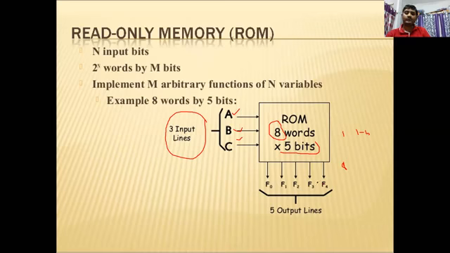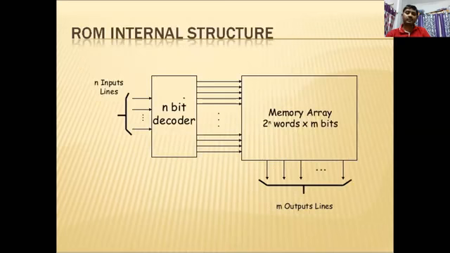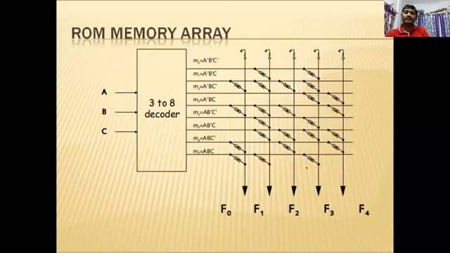Okay, see the structure. It has n input lines and 2 power n outputs, so we call it an n to 2 power n decoder. Then there is a memory array of 2 power n words by m bits, which has m output lines. Here it is a 3 to 8 decoder.